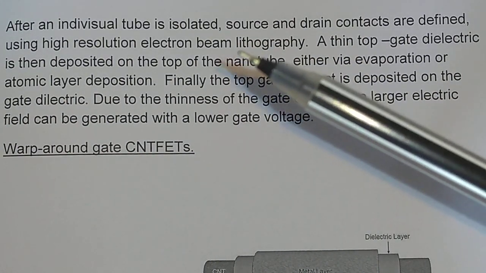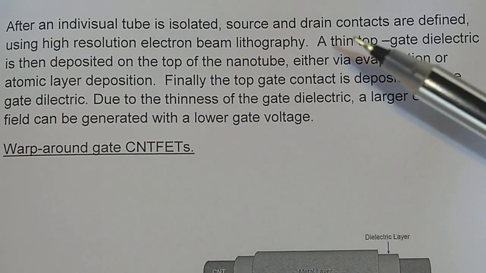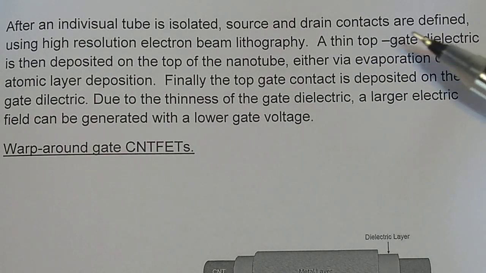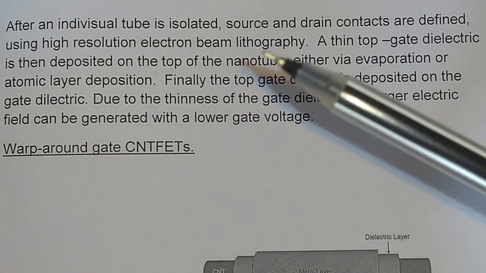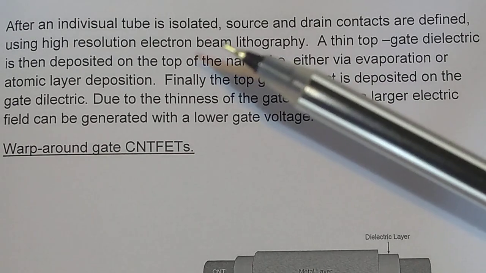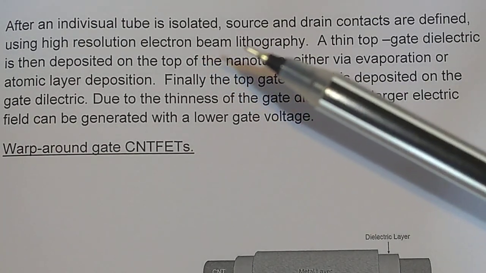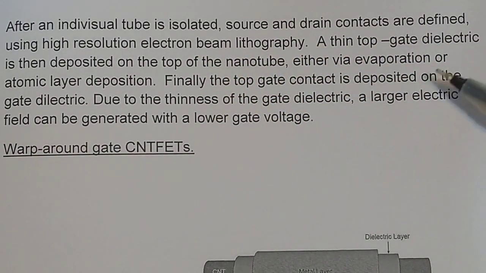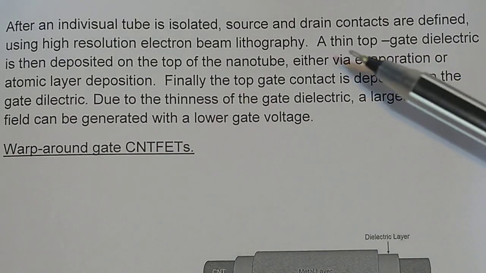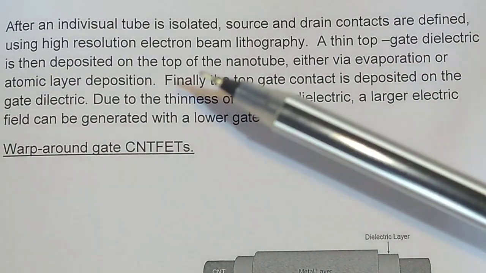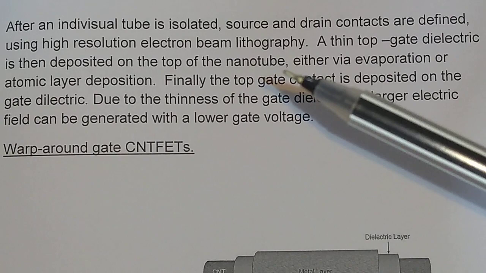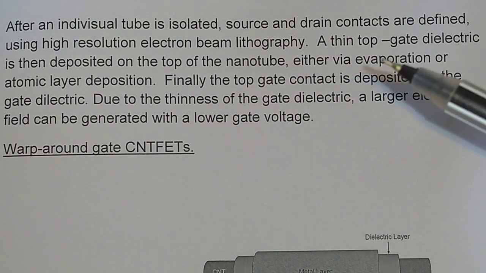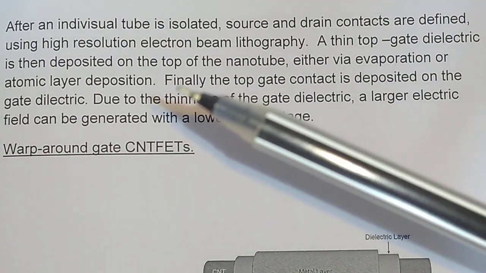After an individual tube is located, source and drain contacts are defined using high resolution electron beam lithography. This is a very good technique. A thin top gate dielectric is then deposited on top of the nanotube, either via evaporation or atomic layer deposition.